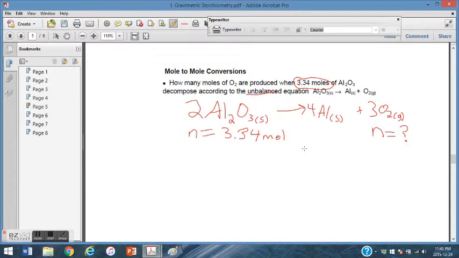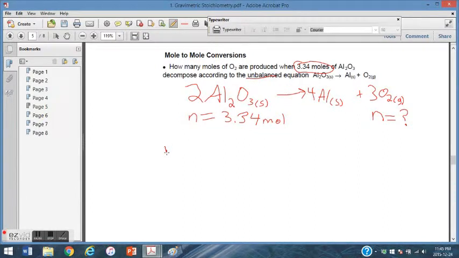Now what we're going to do next looks very similar to what we've been doing already when we were doing the dissociation of the ions to find concentration of ions in solutions. Okay, so I'm going to say, number of moles, I want n of O2. I want to find the number of moles of oxygen. It's equal to, first thing I write is what I have. I have 3.34 moles of Al2O3.